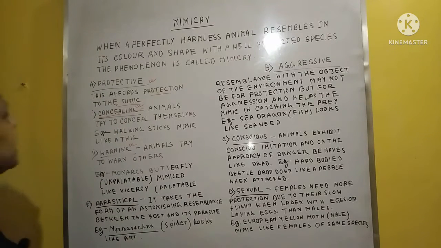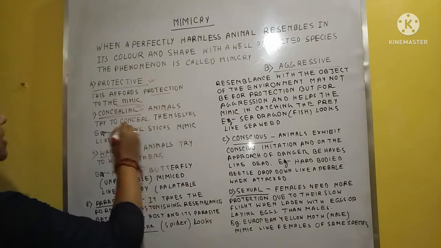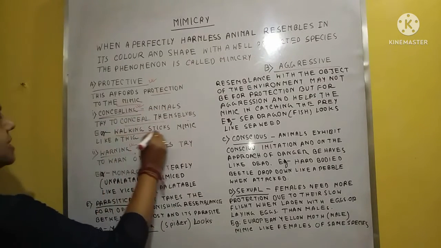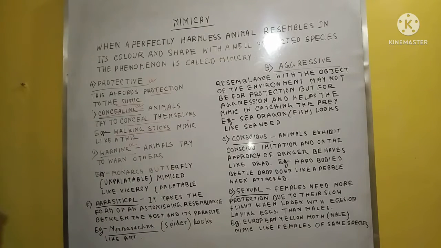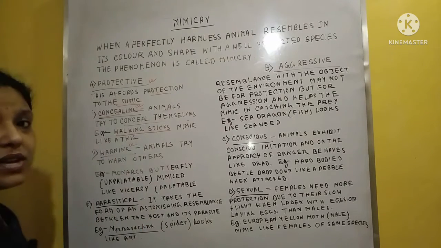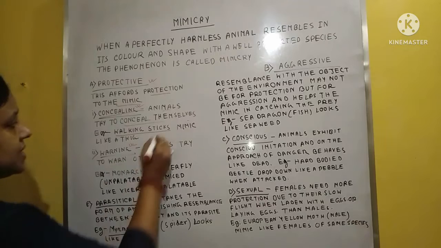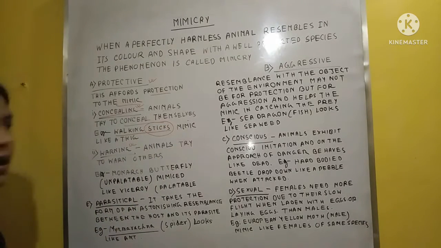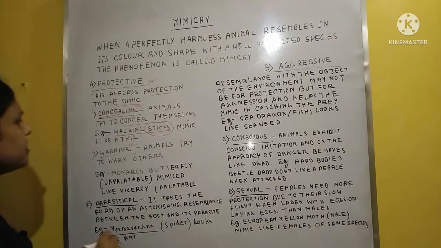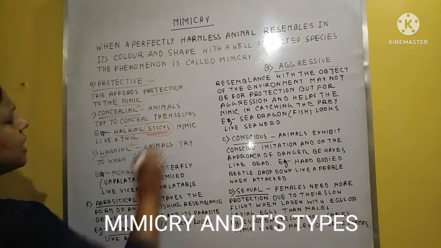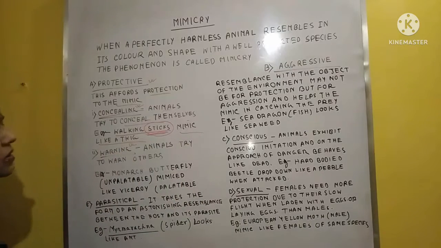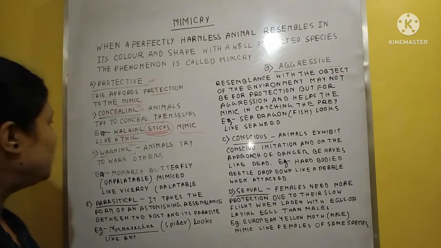An example is walking sticks. You can understand that stick means a kind of plant twig. This is walking sticks, a kind of insect, and they mimic just like a twig.